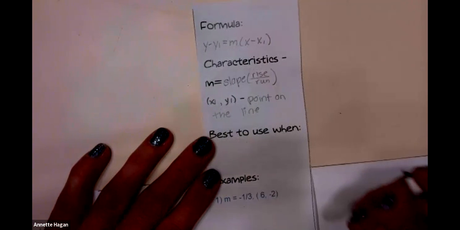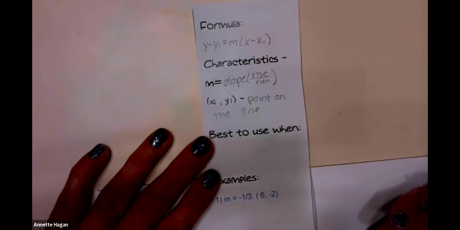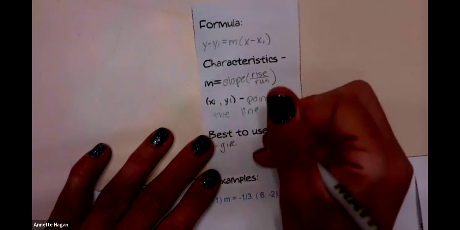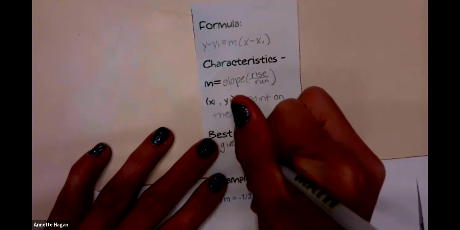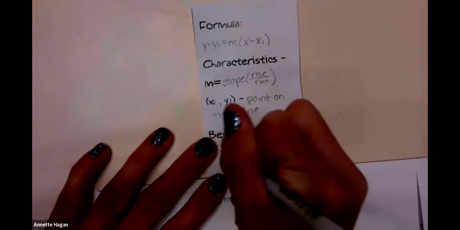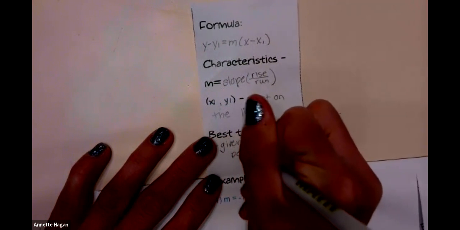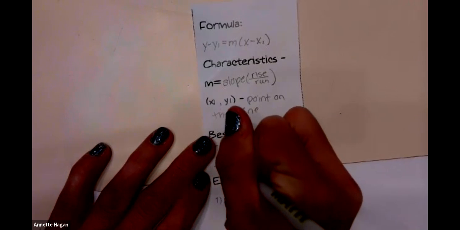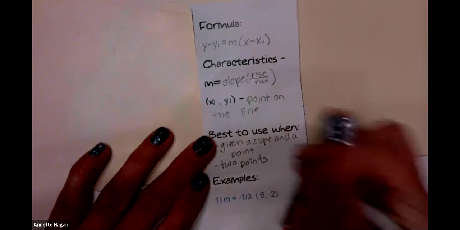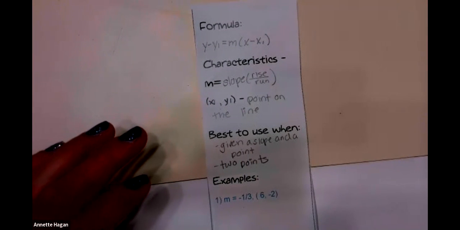Okay, so when is it best to use point slope form? Obviously, when you are given a slope and a point, and when you're given 2 points. All right, so given a slope and a point and given 2 points is when it's best to use point slope form.